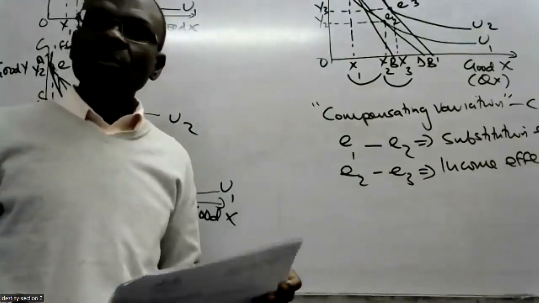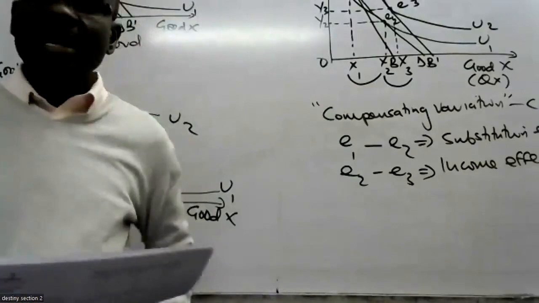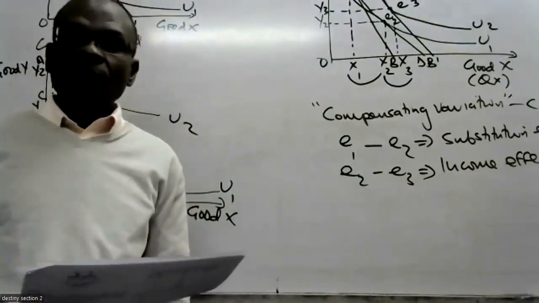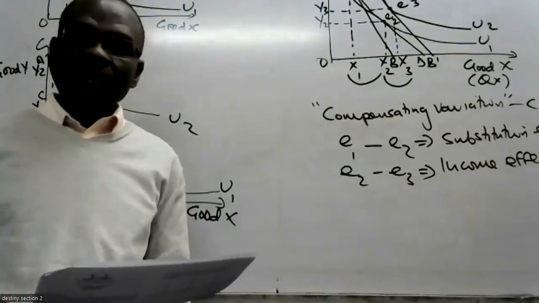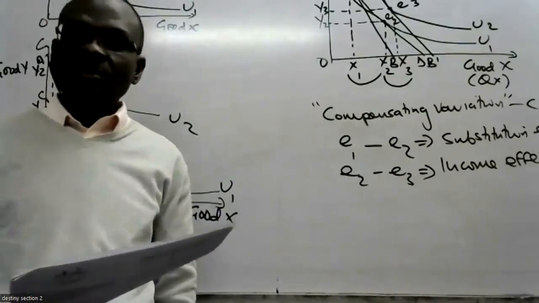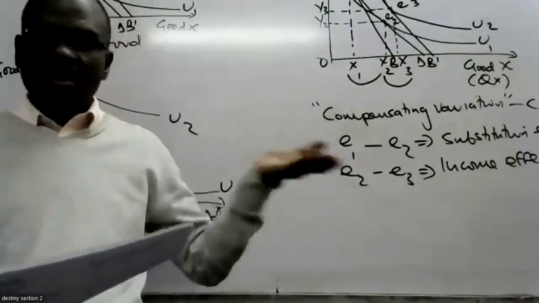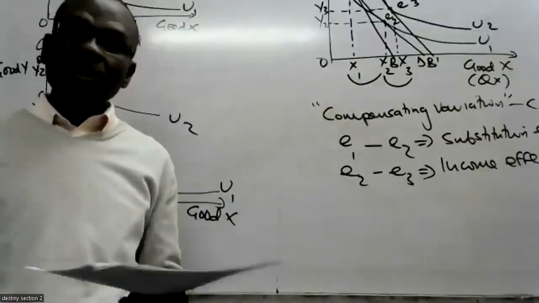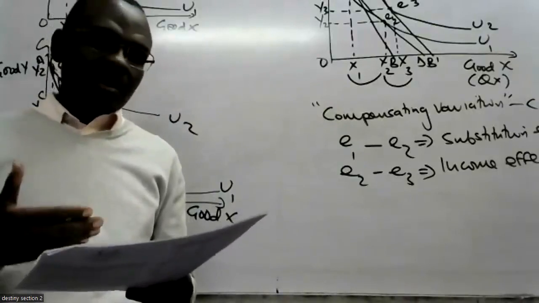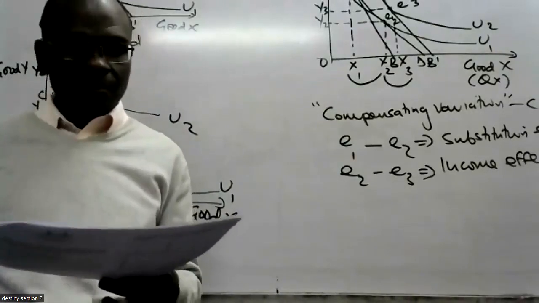We said you can also use the consumer surplus to analyze the welfare effects, say, of consumption of a particular commodity, to see what society is benefiting out of consumption of a given commodity, given the prices, taxes, subsidies, and whatever. You can use indifference curve analysis for the same thing as was achieved using the producer surplus.